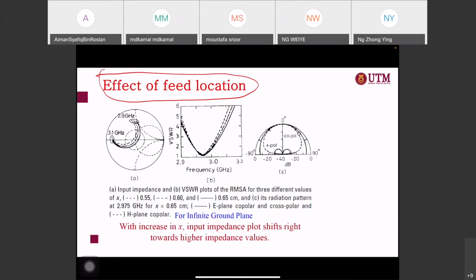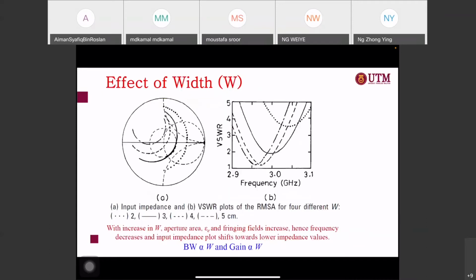This is just an example of how the feed location varies, in terms of the position. Okay, so (a) is the input impedance, (b) is the VSWR, and (c) is the radiation patterns here. E plane copolar and cross polar, H plane copolar, for an infinite ground plane. With the increase in x, the input impedance plot shifts right towards higher impedance values.